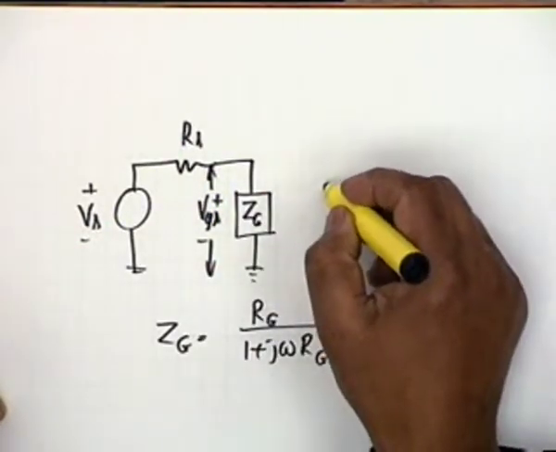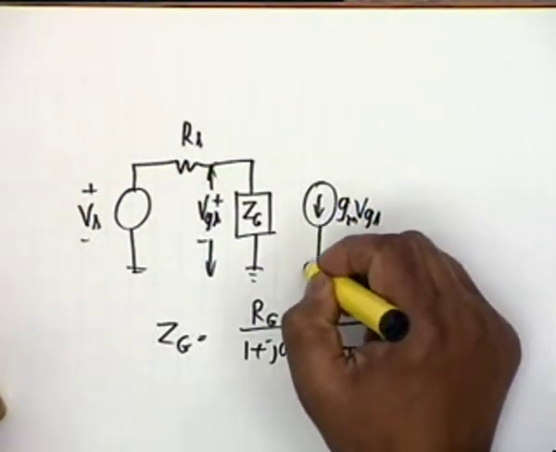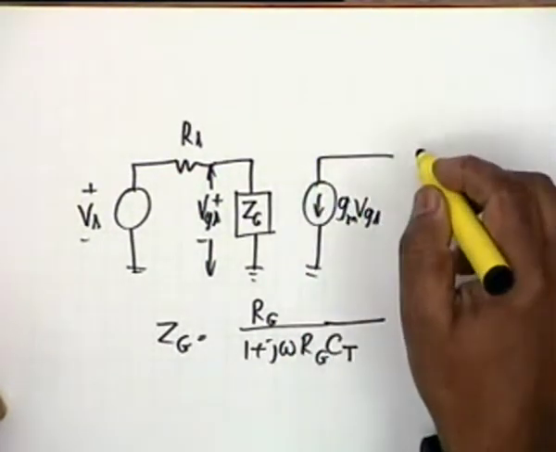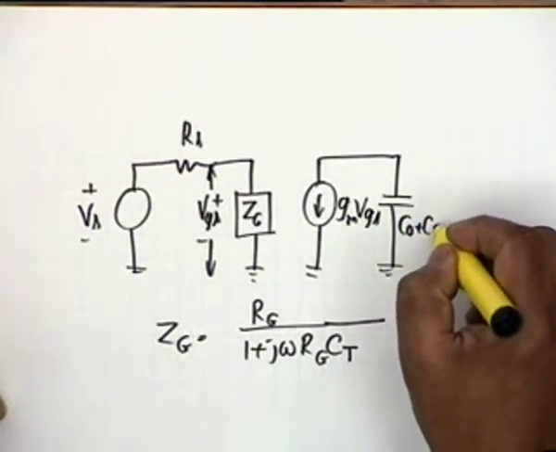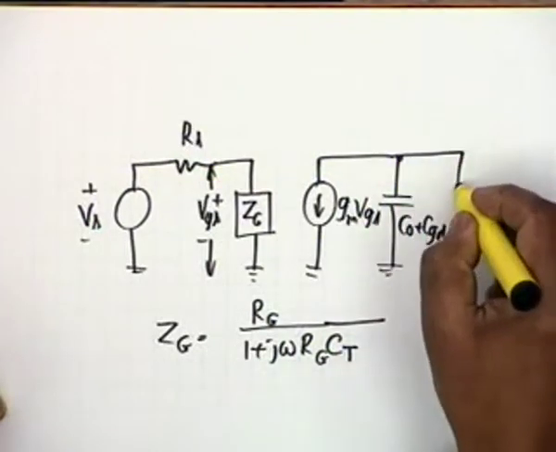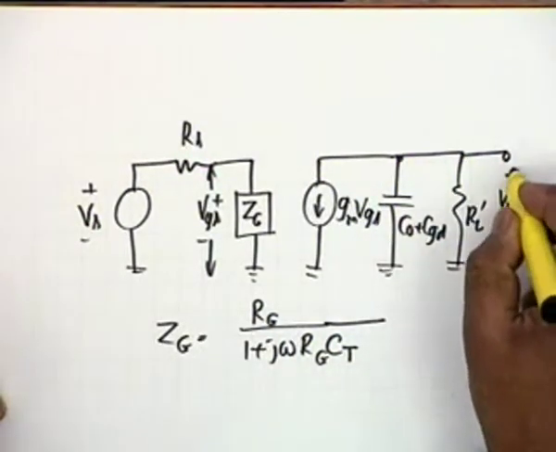This is VGS, and then I have a GM VGS and a C0 plus CGD and an RL prime. This is V0.